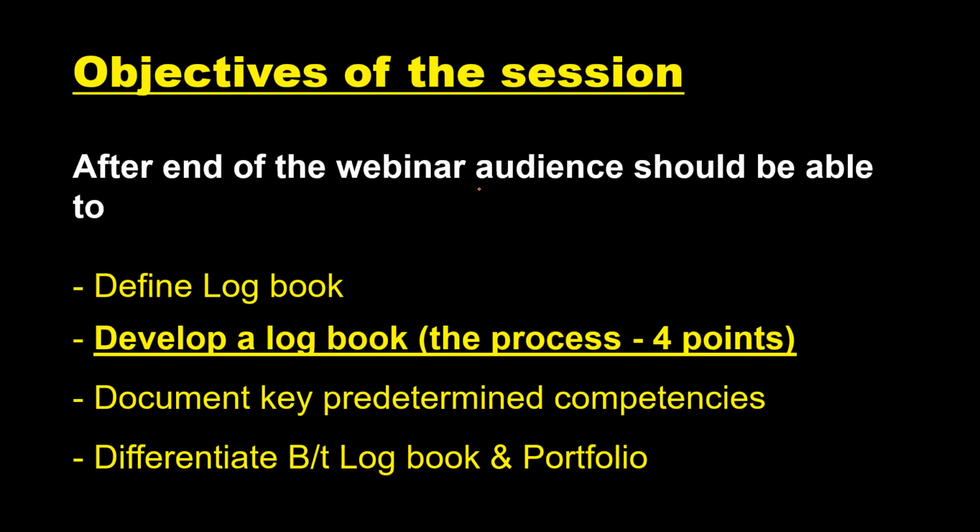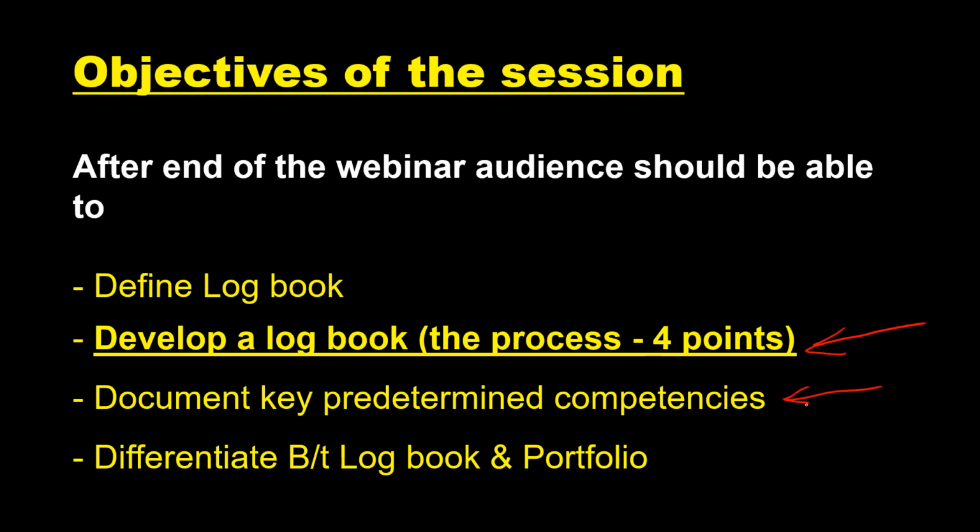And we are coming to the second objective, that is the process, or how we can develop a logbook. We will do it on 4 points, but these 4 points are also there as main headings in the third objective.